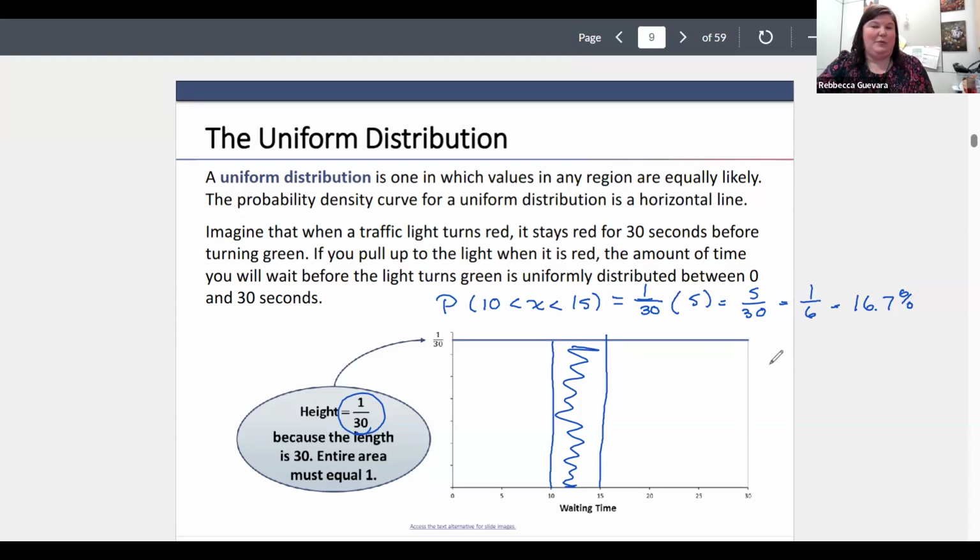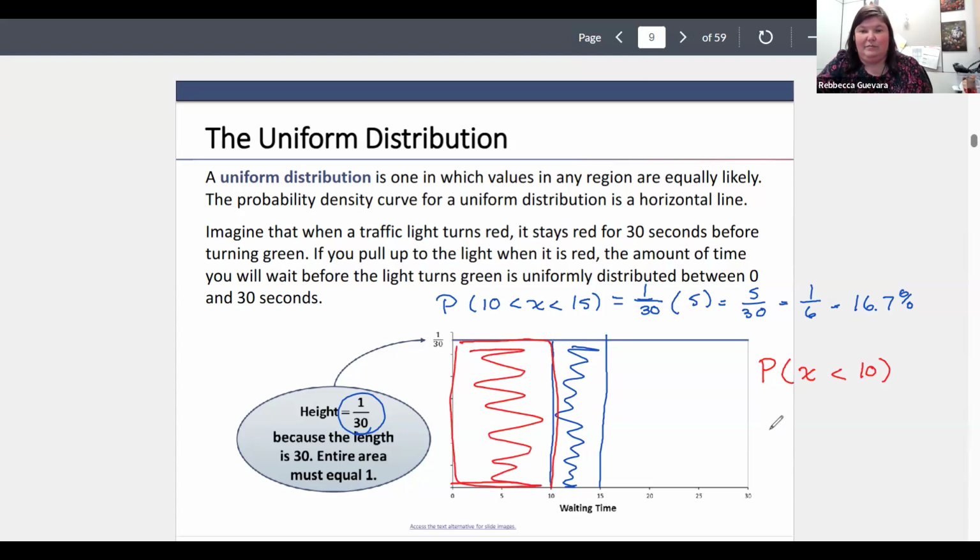That's how we use a uniform distribution. Like I said, we know these areas represent probabilities. What's the probability that I would wait less than 10 seconds? Well, that is just this area right here. Once again, the height is 1 over 30, but the width would be 10.